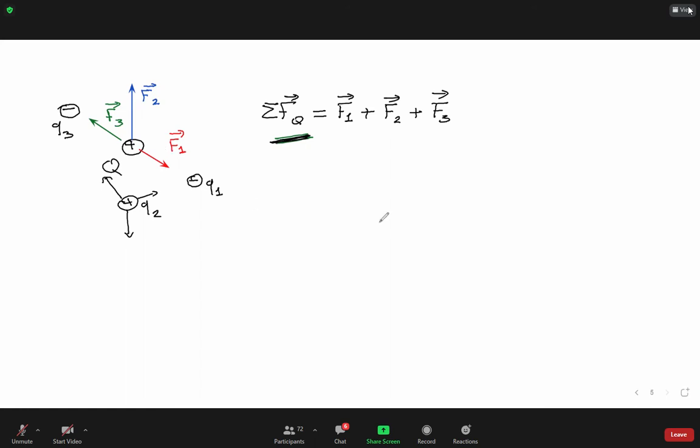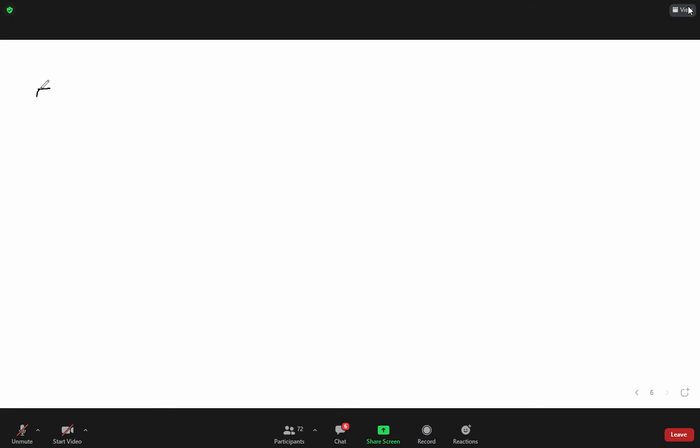And speaking of that, let's do an example. We practice our vectors a little bit. Let's say we're given the following charge configuration, charge distribution, which is just a fancy way of saying I've got a bunch of charges and I just place them in different locations.